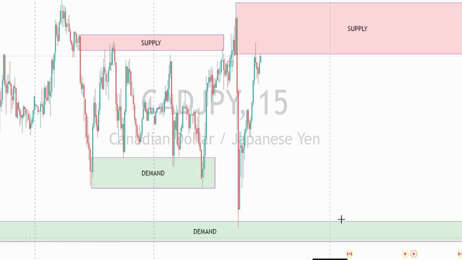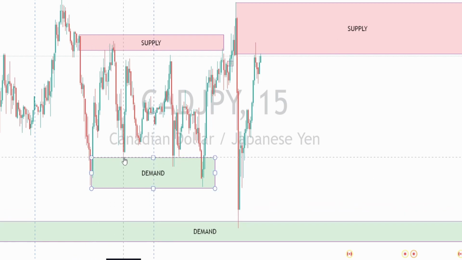Now, this was over a couple of days, but you can see how price came back into the area. And if there was an entry pattern that you're looking for, you could have gotten in on the trade. You could have targeted the next area of demand that we had marked off here.